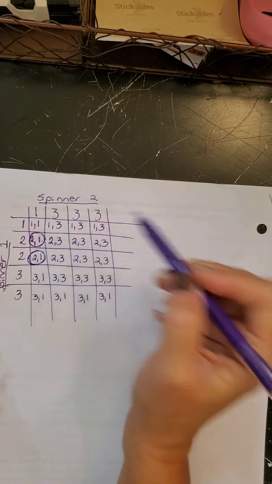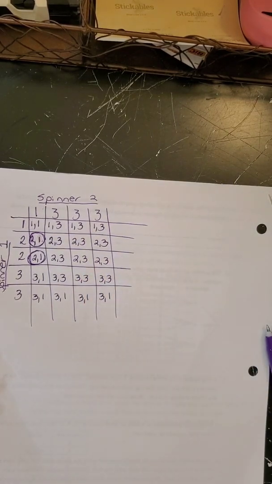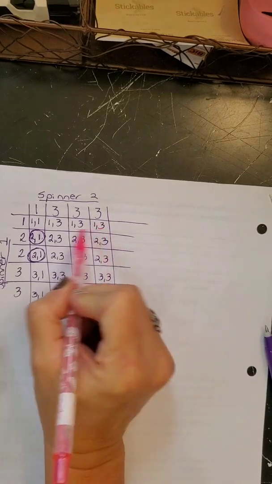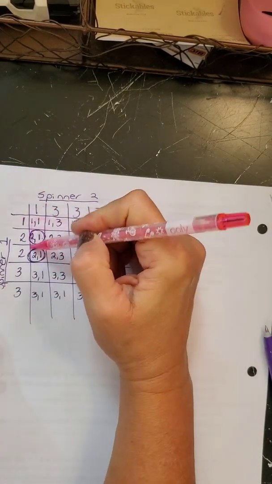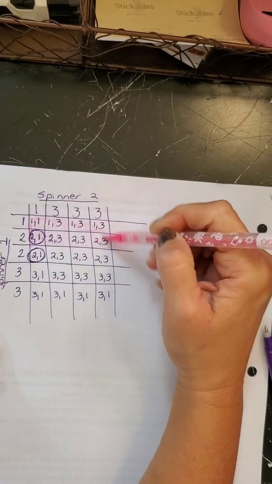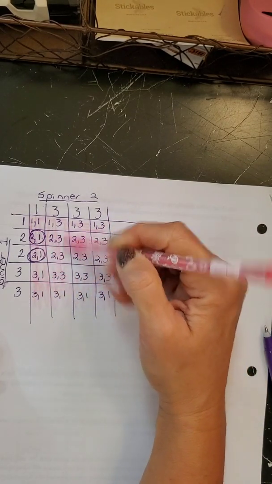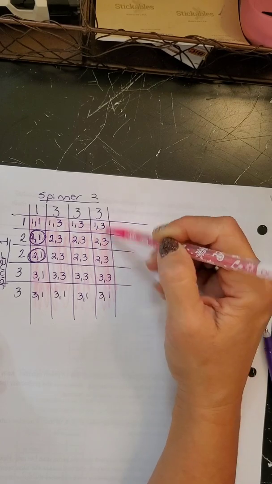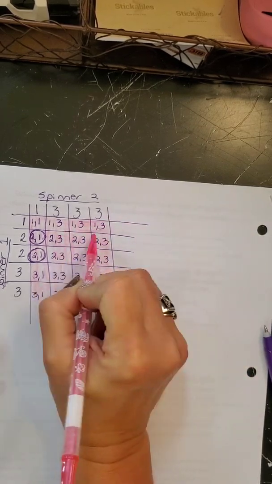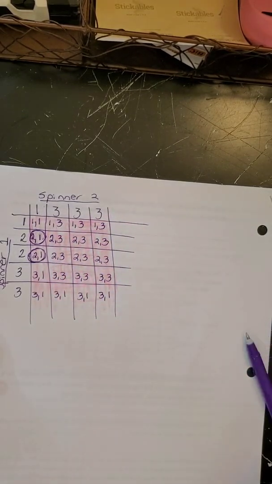Okay? Well, I also need to be aware of how many total combinations I have. And all of my combinations are right here. The total number of, or the sample space. If you remember us talking about sample space. The sample space or my total outcomes are right there.